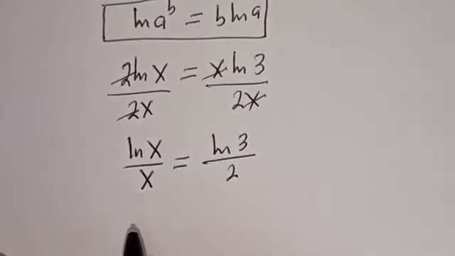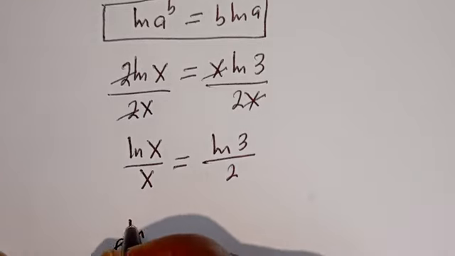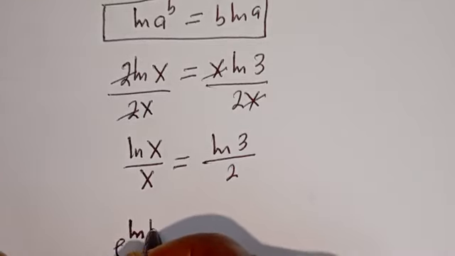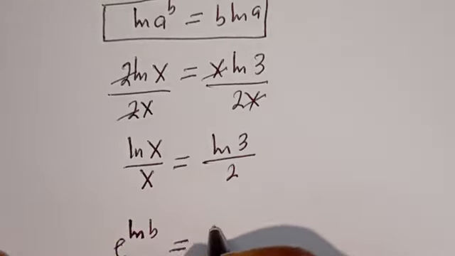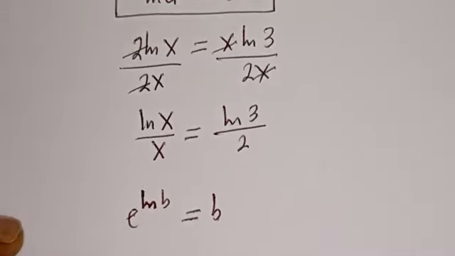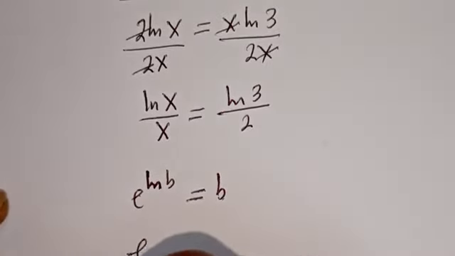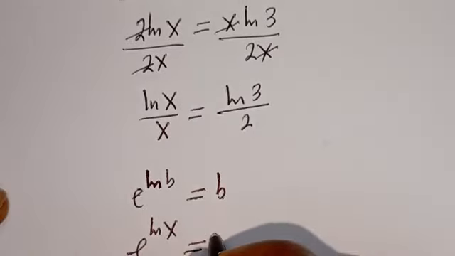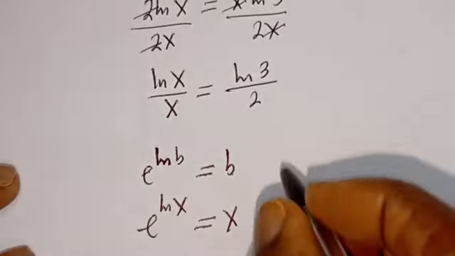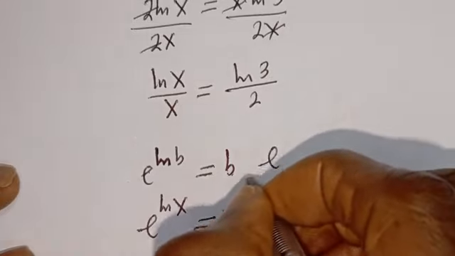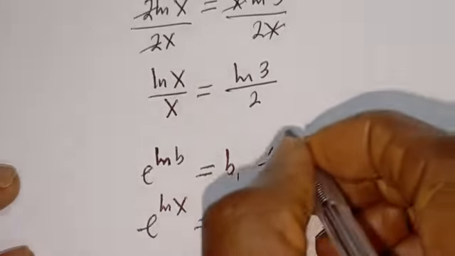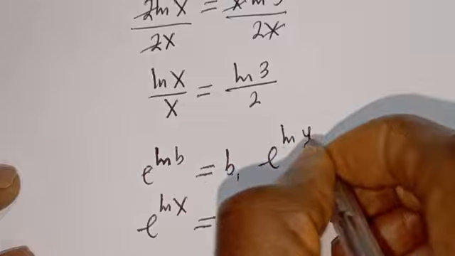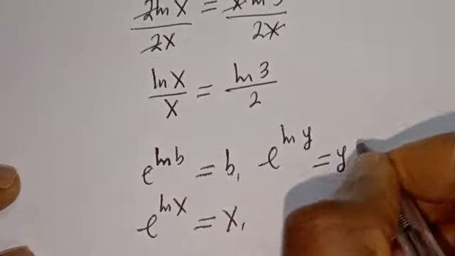Take note of this, that if you have e to the power of ln of b, this is equal to b. Also, if you have e to the power of ln of x, it is equal to x. And if you have e to the power of ln of y, this is equal to y.